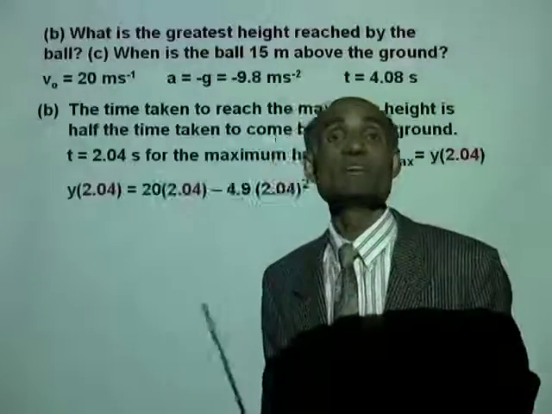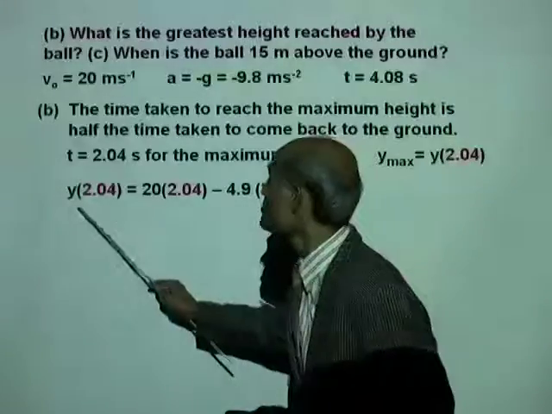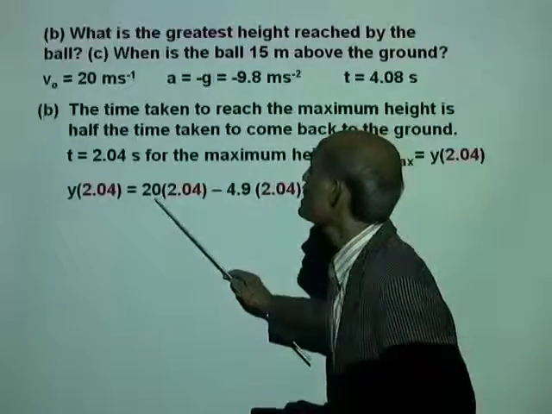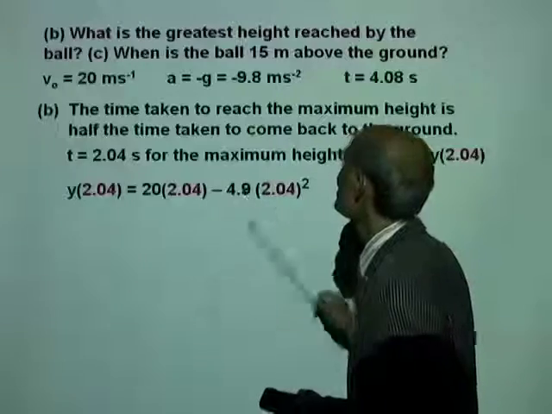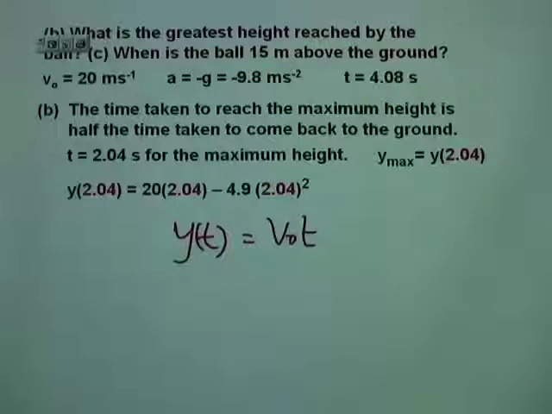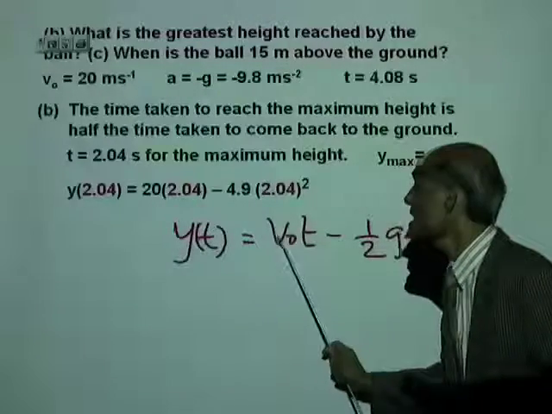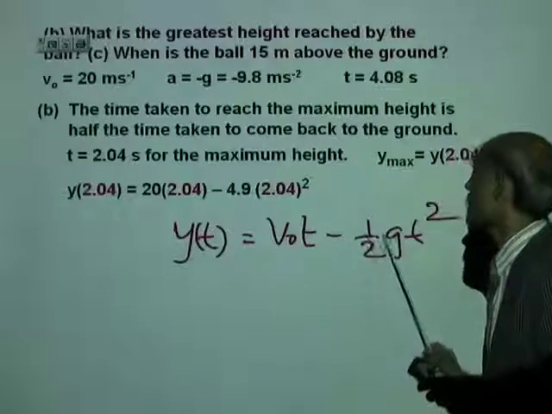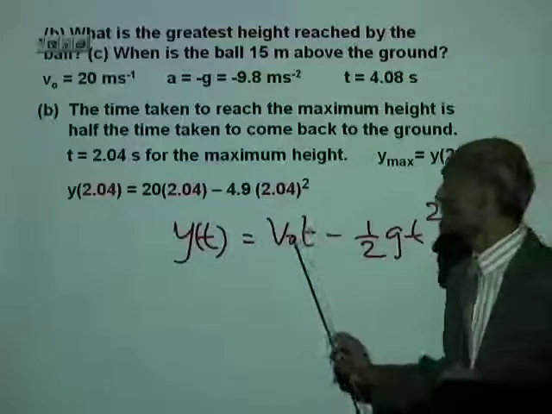Can you give me the equation for y? y as a function of t is v0t minus 1/2 gt squared. You see, y of t is v0t minus 1/2 gt squared.